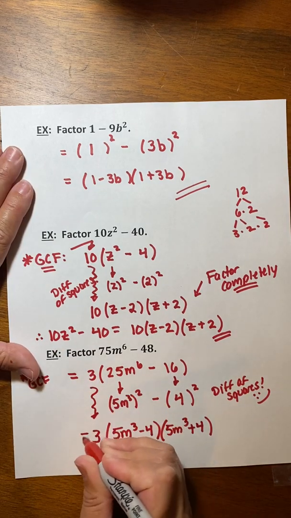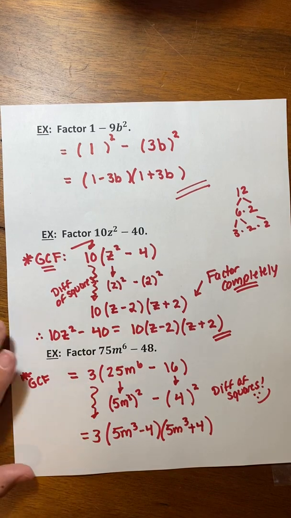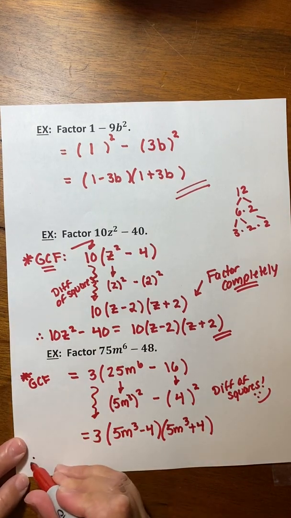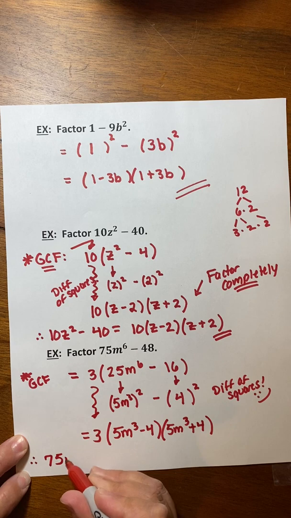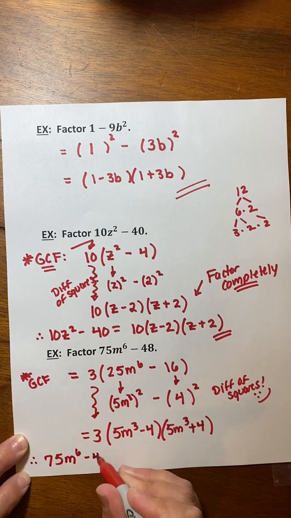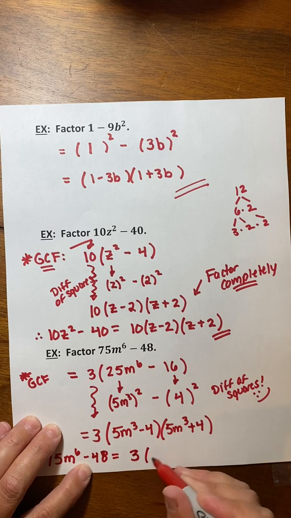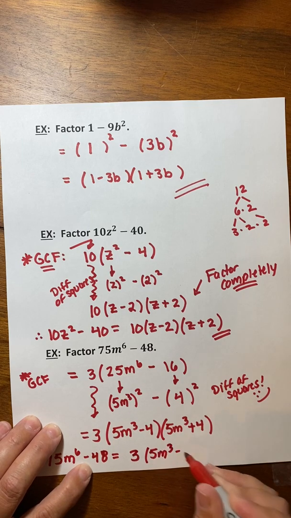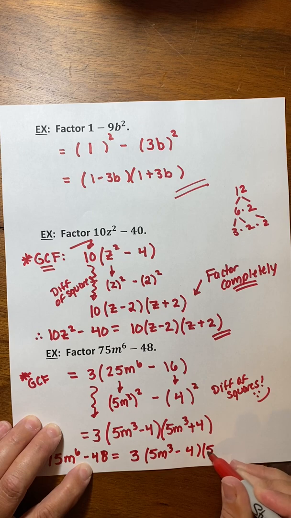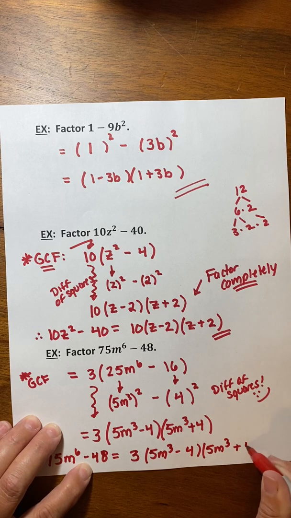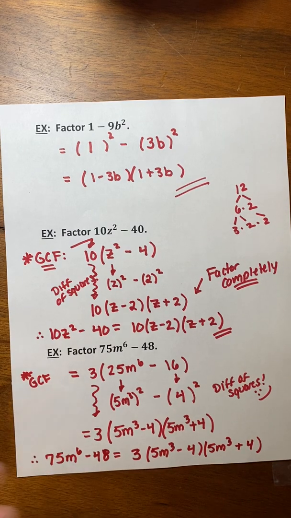The 3 has got to come down. We can't forget that. If you forget that and put it in Alex, it's going to mark it wrong. So therefore, 75m to the 6th minus 48 can be broken down into 3 times 5m cubed minus 4 times 5m cubed plus 4. Kind of fun, huh?